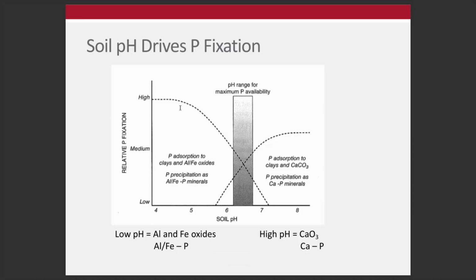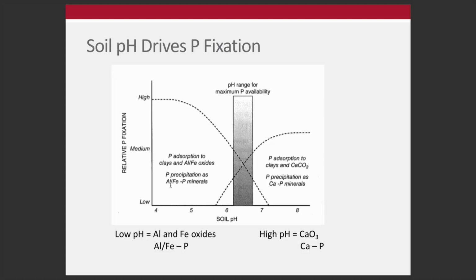Soil pH drives P fixation. We showed at the very beginning of the class, when talking about acids and bases, that phosphorus is highly pH dependent, and managing soil in an optimal pH zone is about the best thing you can do for phosphorus availability. When pH drops and becomes acidic past 6, we have a lot of reactions with aluminum and iron oxides.